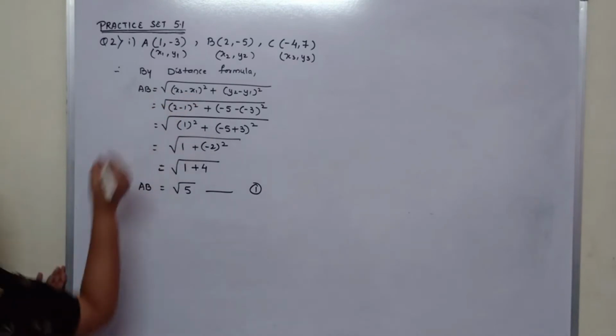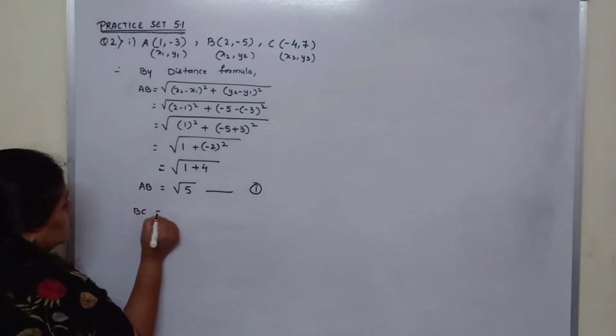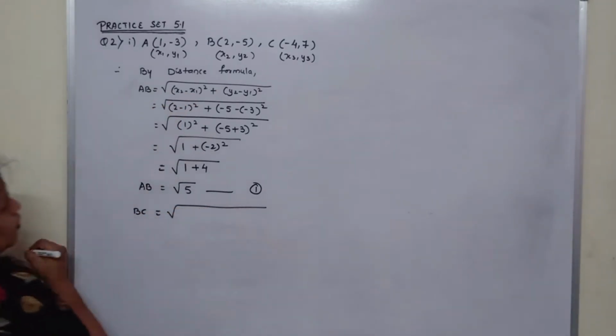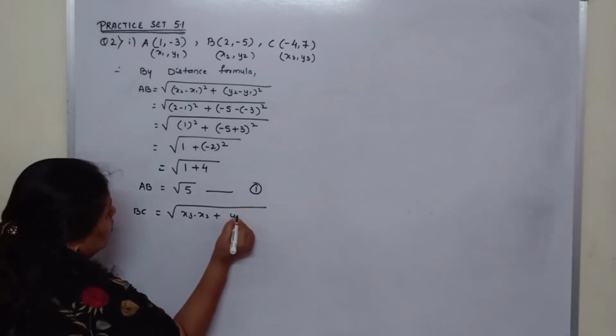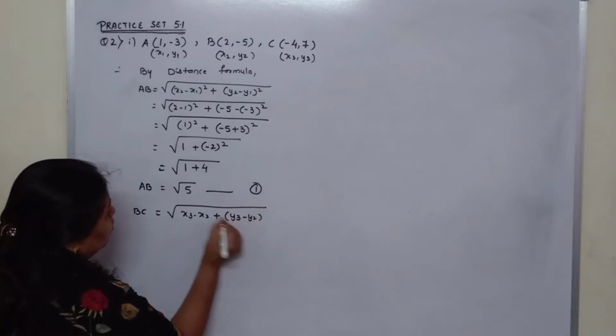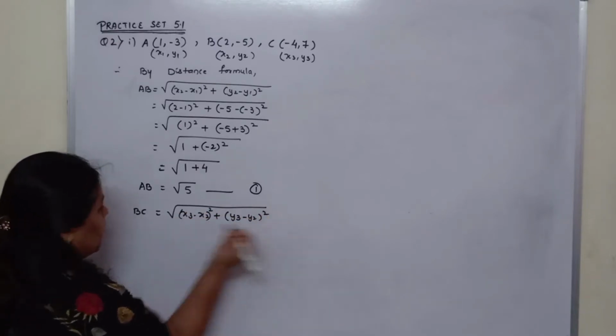This is our AB. Mark it as equation 1. Now we will see what is the distance of BC. So it will be the square root of (x3 minus x2) the whole square plus (y3 minus y2) the whole square.